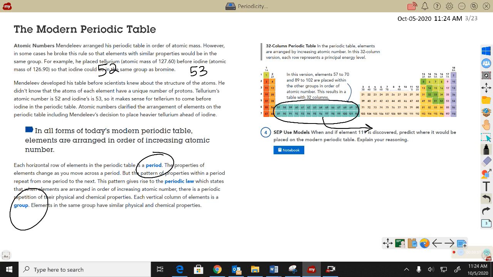Now, one other thing that we know about the periods, the rows going across, is that they are directly related to the energy levels. So if I say that I have an element that's in the second period, then I know that it's got electrons distributed amongst 2 energy levels.